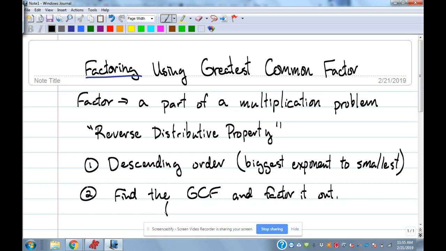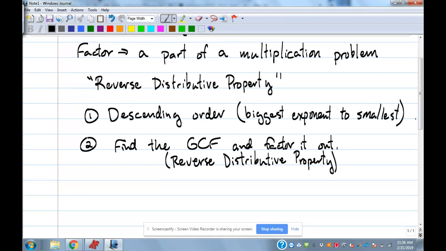This is that reverse distributive property thing. That's the second thing you're always going to do if you're asked to factor a polynomial. First thing you're going to do is put it in descending order. The second thing you're going to do is look for a greatest common factor. Okay, greatest common factor is what we're going to do next.